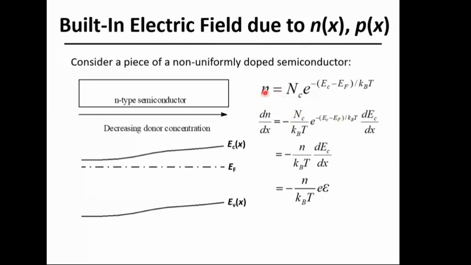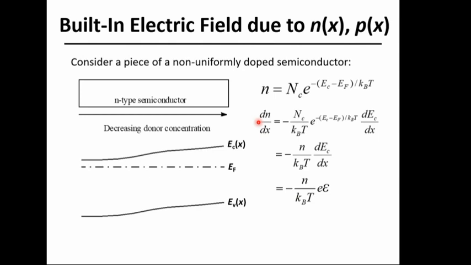Look at here. If I'm talking about P, then P will equal NV e to the (EF minus EV) over kBT, and then I will write dP by dx, then will come to that equation, which becomes minus n over kBT dEc by dx, which is equal to this equation.